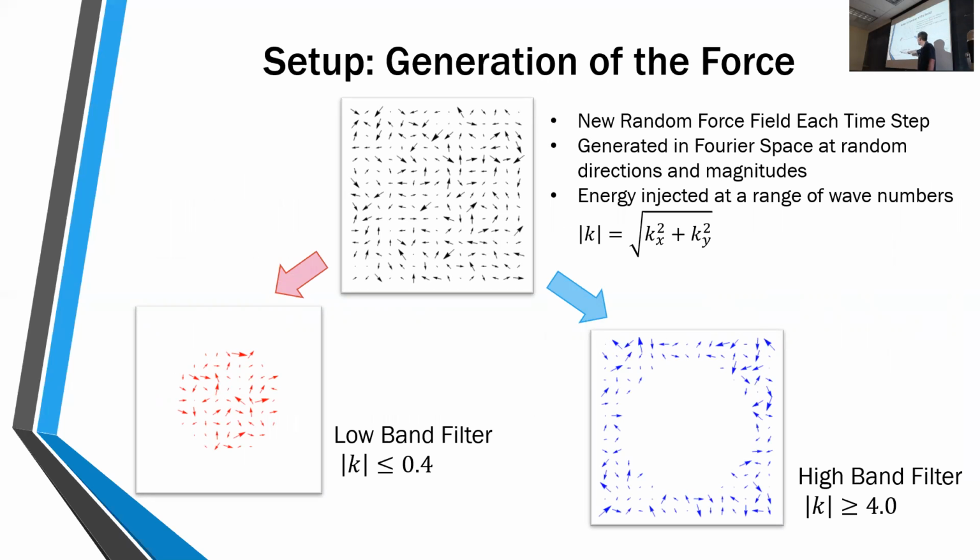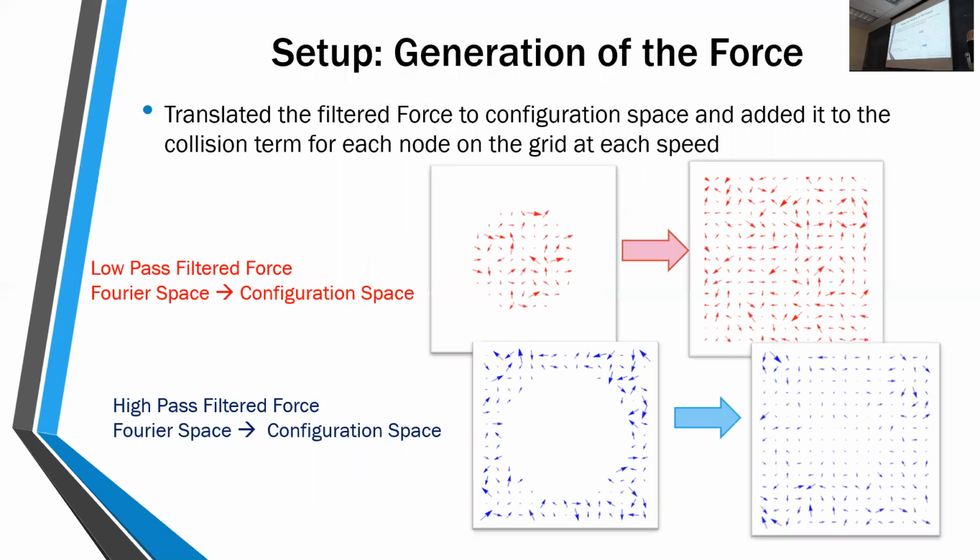So basically, this one right here, low-pass filter, it's everything in the smaller wave numbers, the larger scales, and then of course the high-pass filter, the same thing, the opposite. If that kind of makes sense. So I generated that in Fourier space, and then I did a standard, normal fast Fourier transform. So now we got the 2 different fields, and this is in XY space.